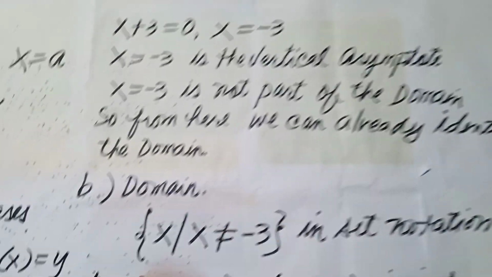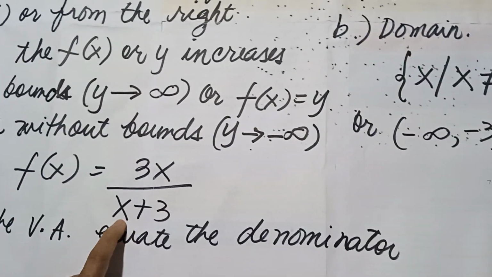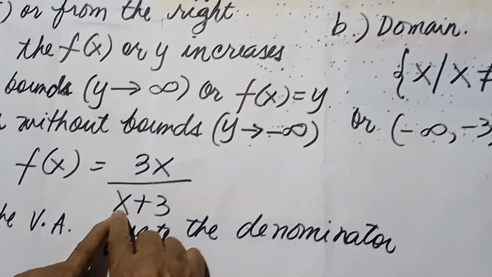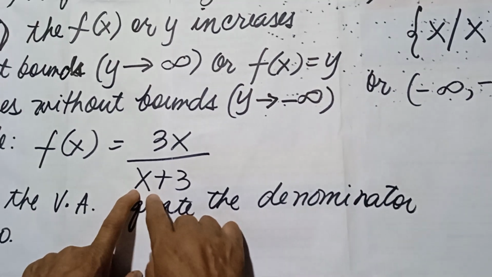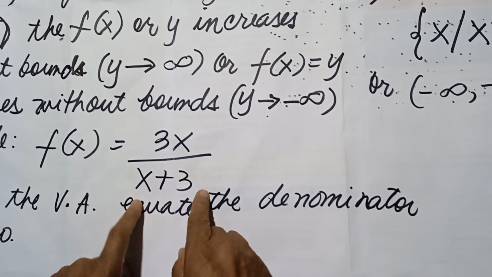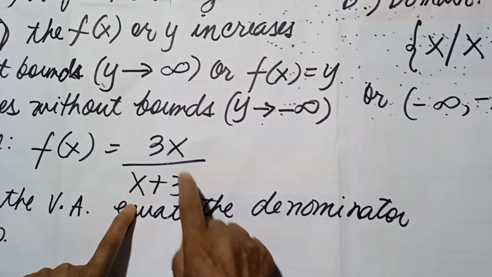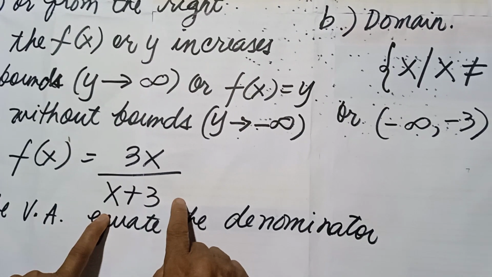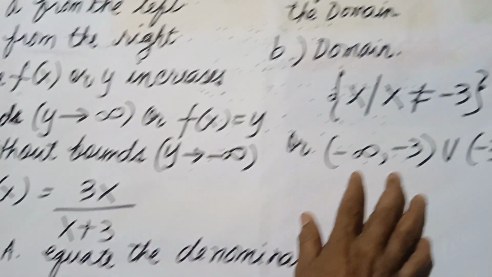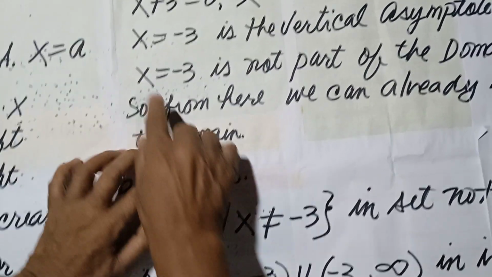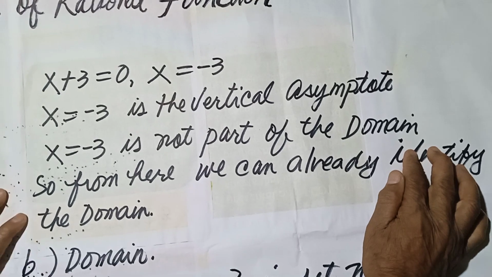X plus 3 is the denominator, and if we plug in negative 3 to x, the denominator will be 0, because negative 3 plus 3 is 0. And that is what we avoid, the denominator being 0. So x equals negative 3 is not part of the domain.